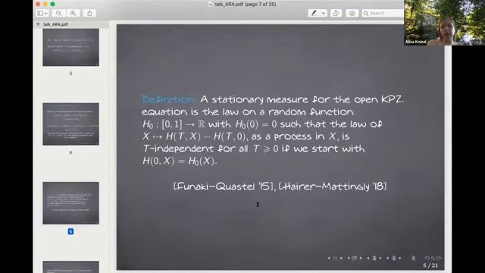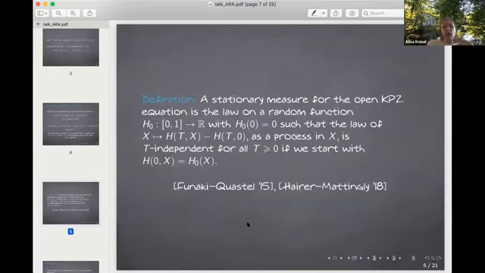And stationarity is the property that the difference between the function h at time t and space location x minus h at time t and 0, as a process in x, is independent of time. So this is the stationarity property.